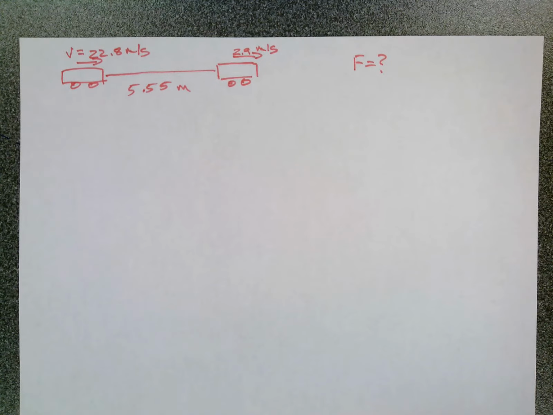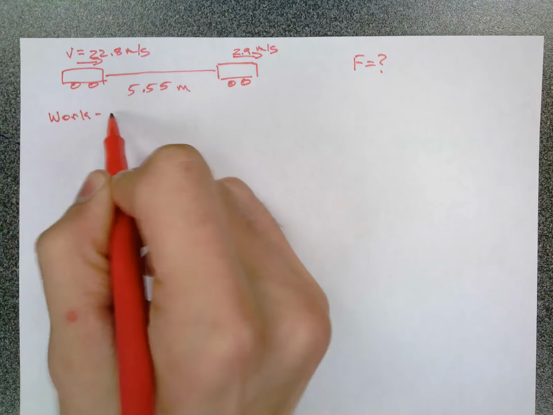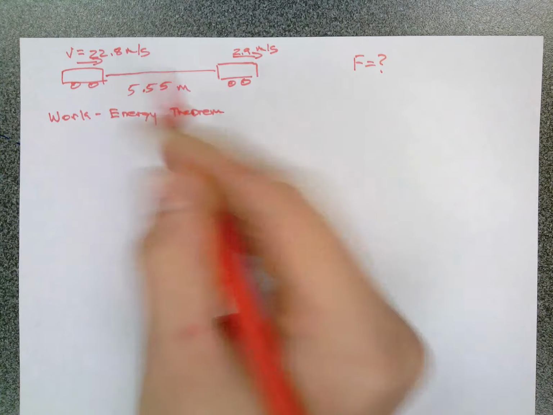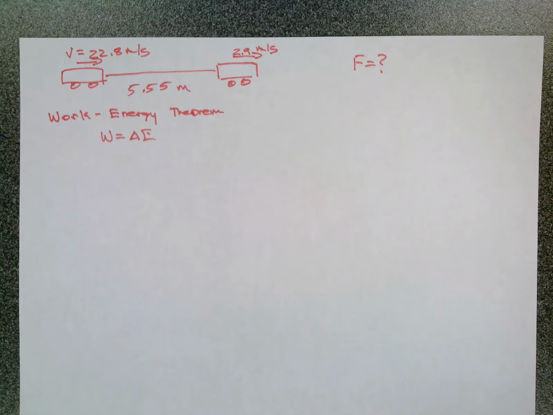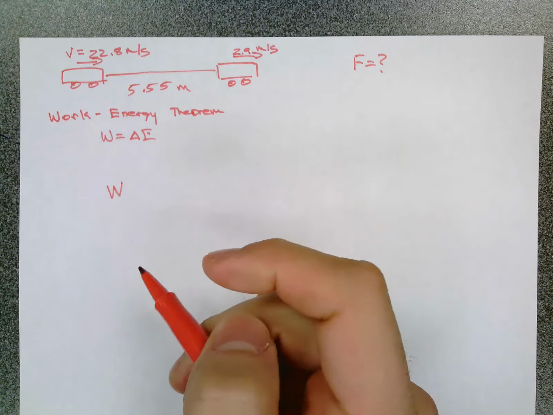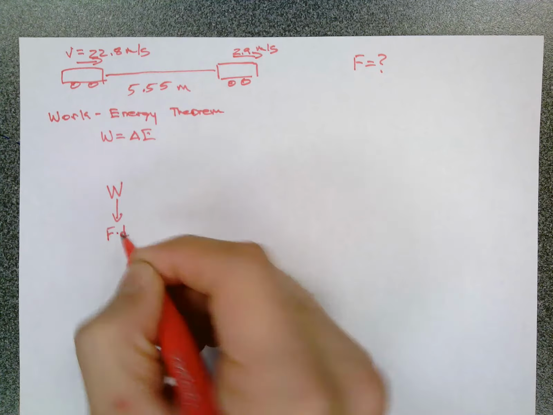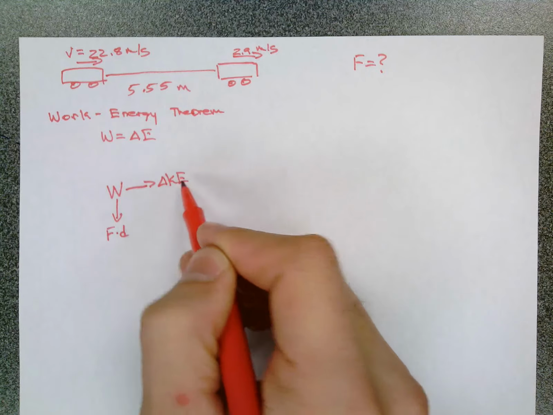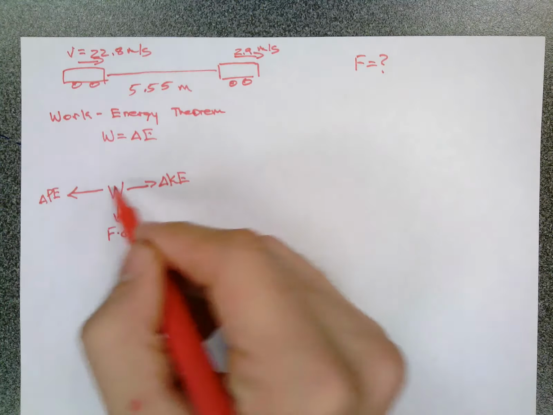What you need to know is to use the work energy theorem. The work energy theorem is just a way to equate work with a change in energy. One good way I like to describe that is work is this idea or this value of a force over a certain distance, but it's also anytime the kinetic energy changes, anytime the potential energy changes, they're all equal to each other.